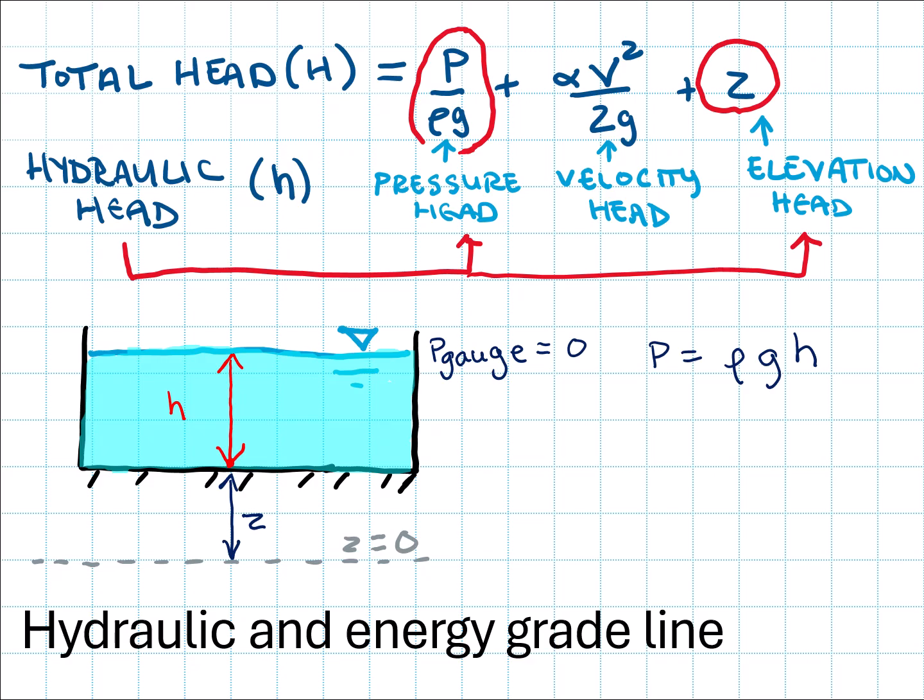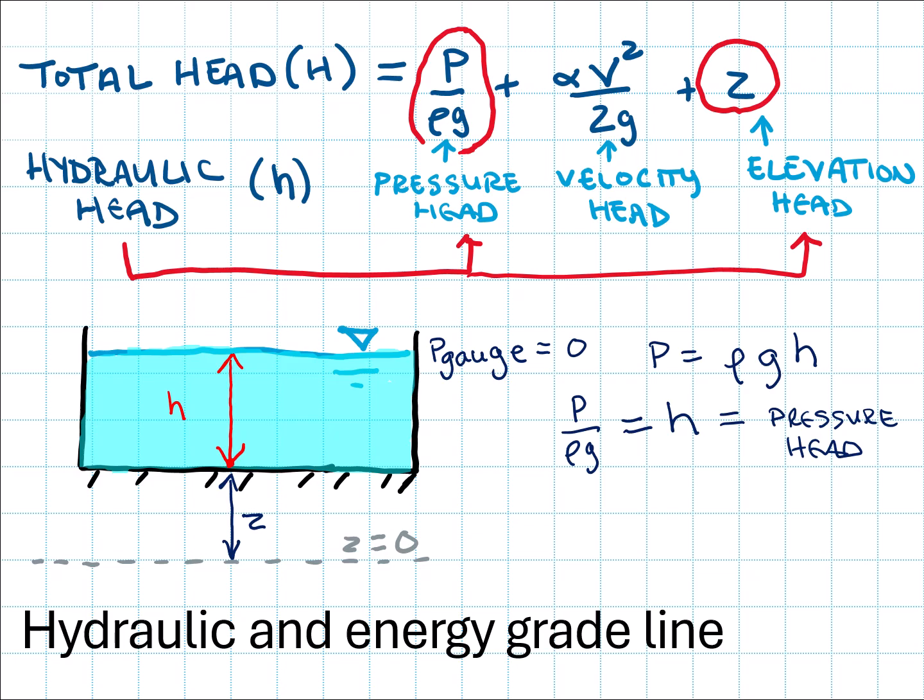Notice that I can rearrange our pressure equation in order to derive P over rho g equal to h. And of course, P over rho g is also the same thing as pressure head, as in the equation above. So therefore, the pressure head in an open channel is equal to the depth of flow in the channel h.